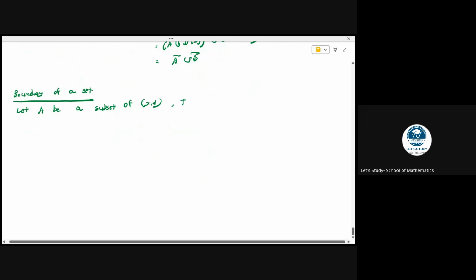Then the boundary of A is denoted as, let's write it as, boundary of A.